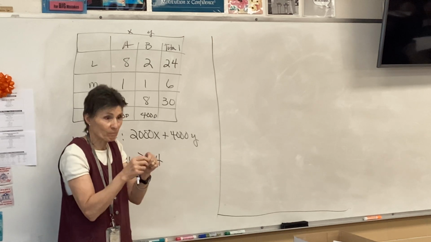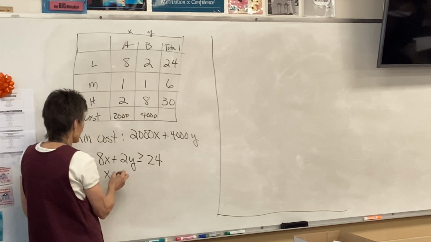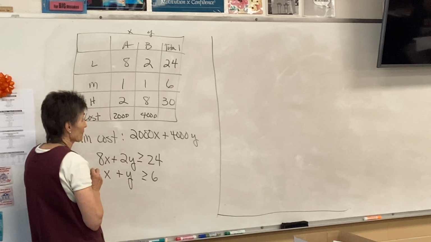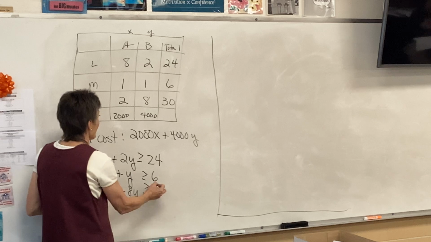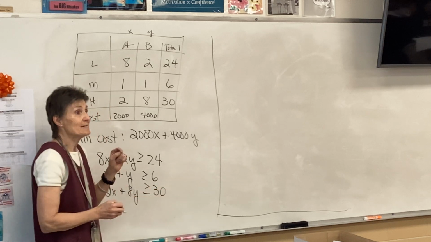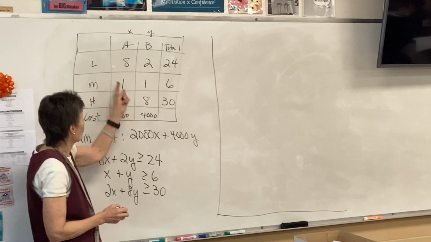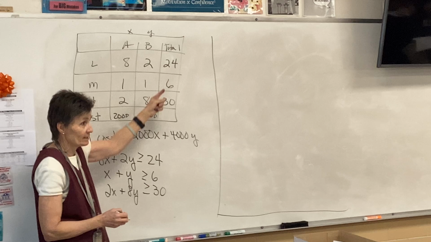I have to have 24 or more. And then X plus Y is greater than or equal to 6. And 2X plus 8Y is greater than or equal to 30. I did not read the question carefully. I took someone's word for it. Does this look okay to everybody before I get into the middle of it?